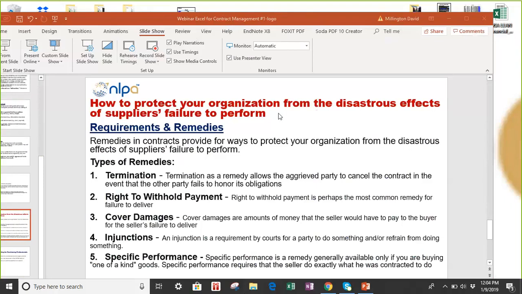One very good tool to prevent a situation where you have to deploy remedies to remedy supplier poor performance or non-conformance to the contractual agreements is the FMEA, failure mode and effect analysis, where you would record the number of occurrences that you would have had with a supplier being non-conforming to the contractual agreement.